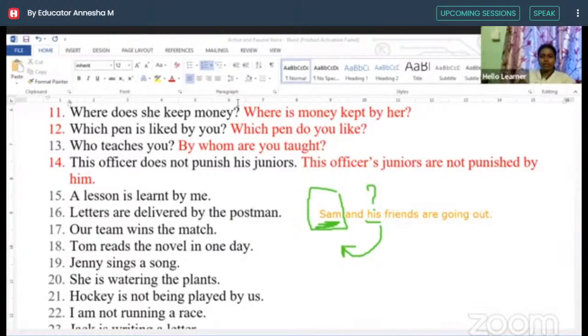अगर मैं इस sentence को ऐसे लिखती, his friends and Sam are going out. So फिर क्या आप बोलते कि his का मतलब Sam है? Then would you have said that ma'am Sam means his? No, right? It doesn't make sense.